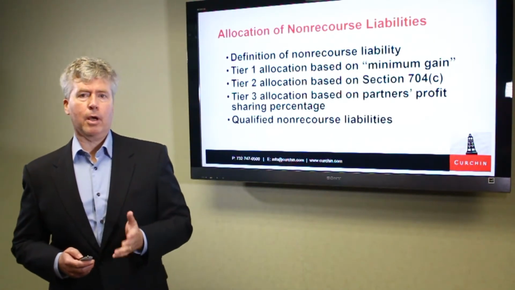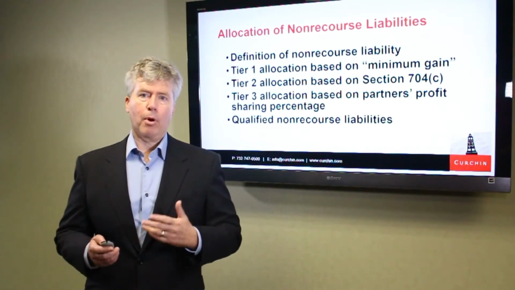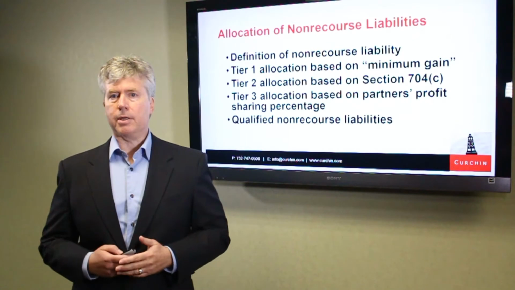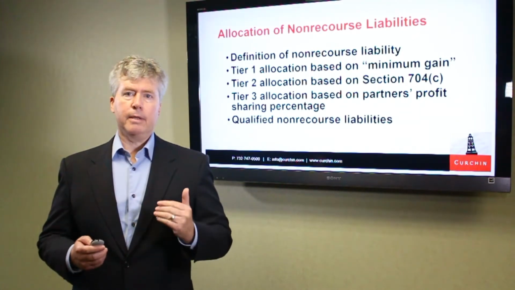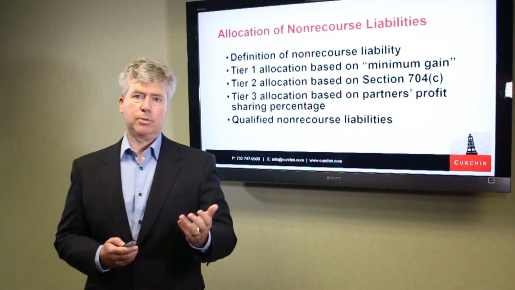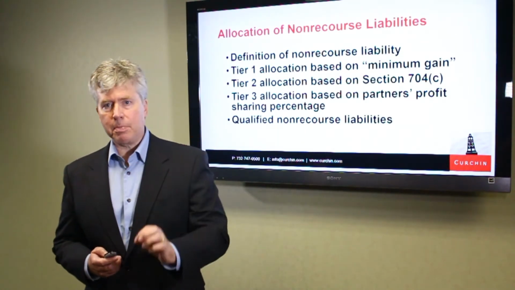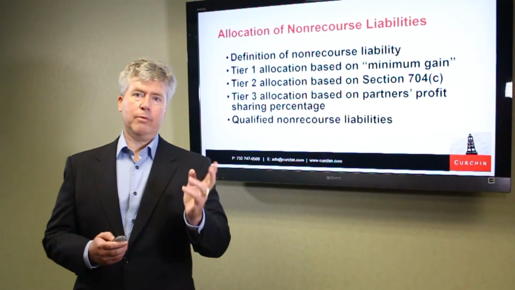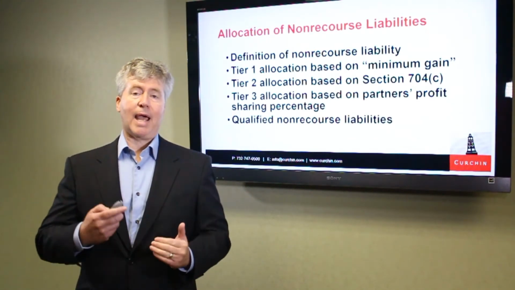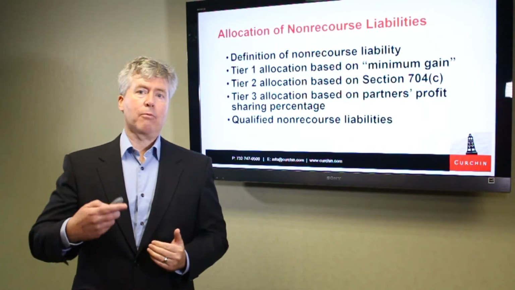Well, a qualified non-recourse liability, the partnership borrows money from a bank, the partnership goes out and buys real estate, commercial real estate. The debt is secured by the underlying real estate that's used in the real estate venture. There's a special rule that's carved out, even though it's non-recourse debt, qualified non-recourse indebtedness actually gives the partner at-risk basis.